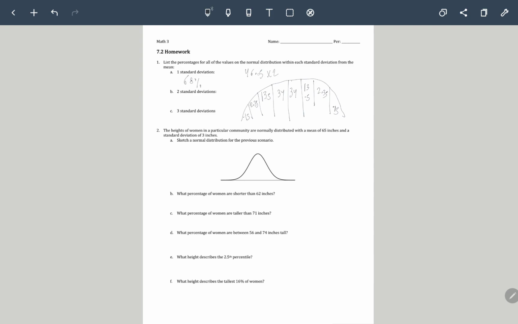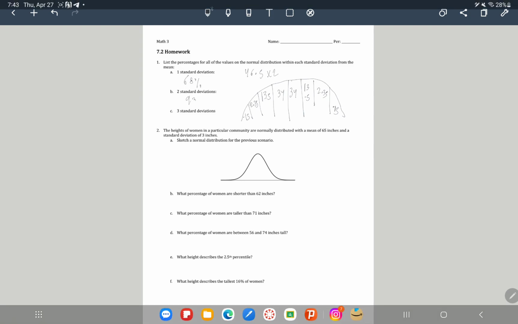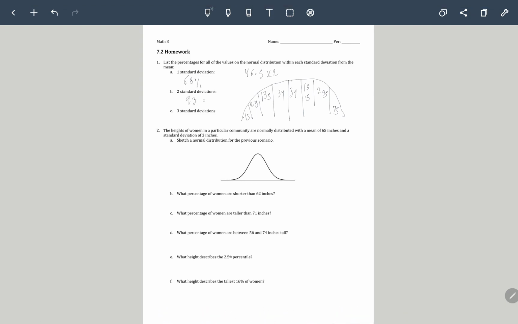That would be, oh my god, basic caveman math. I did math, brother. This answer for two standard deviations away is 95. So 95% would be two standard deviations away, right?